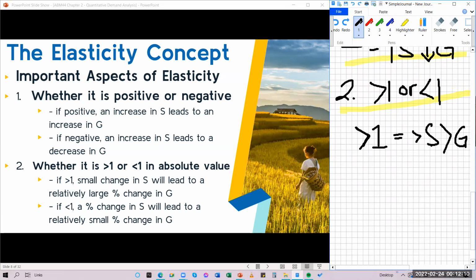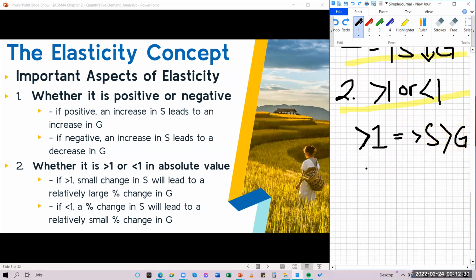This is how I will be explaining it. If it is greater than 1, a small change in your studying habits will lead to a relatively large change in your grade. So it has a big impact on your grade. So that's for greater than 1.